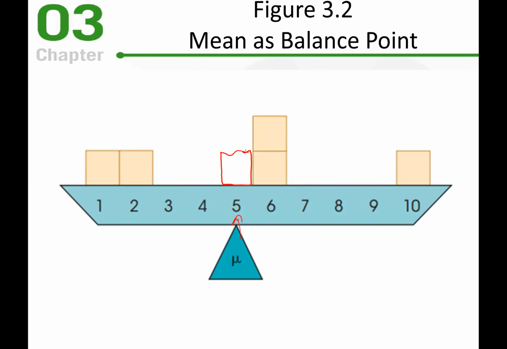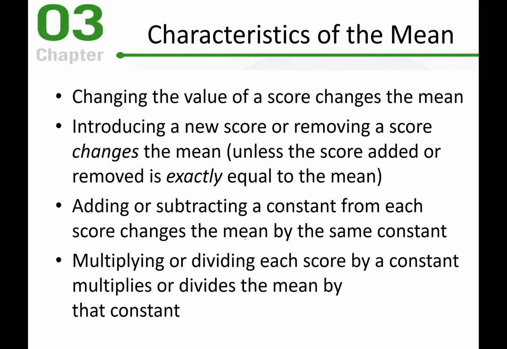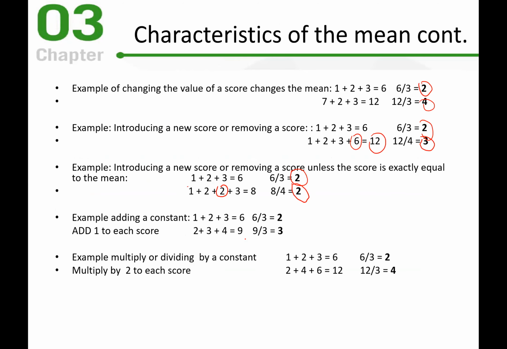So there won't be a change to the balance of this particular seesaw. Even if I added another 5 or a third 5, a third score, it wouldn't change the mean because it is right on the balance point of the mean. All right. So that is why if you add or remove a score that's equal to the mean, the mean is not going to change.